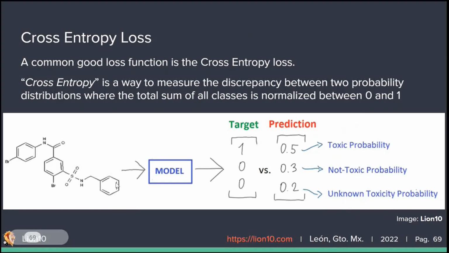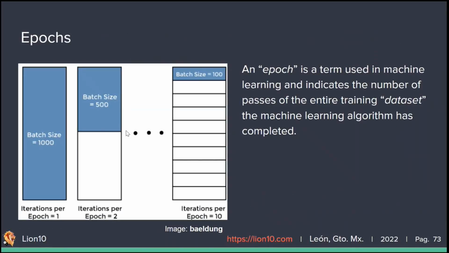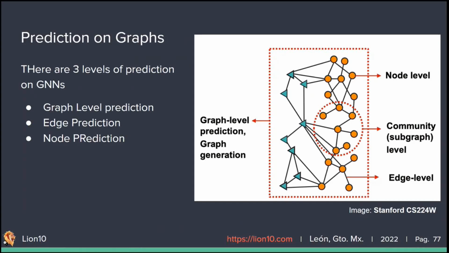We would say, okay, based on this graph that I'm giving you, where does your model think that we should predict a node, or where are we missing a node? Maybe the model says, hey, we're missing a node here, and it would complete this cycle. That would be node prediction.